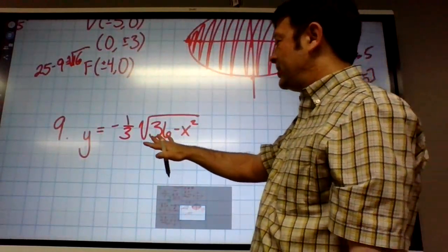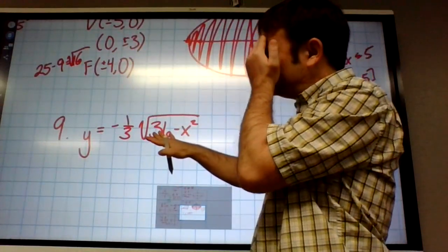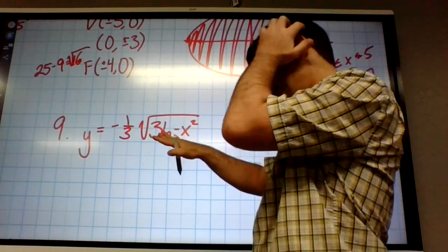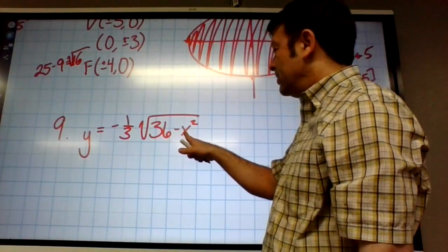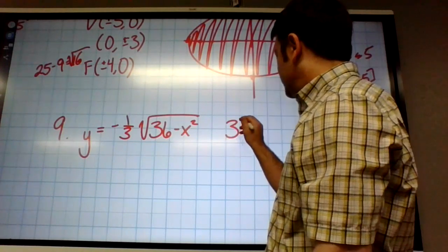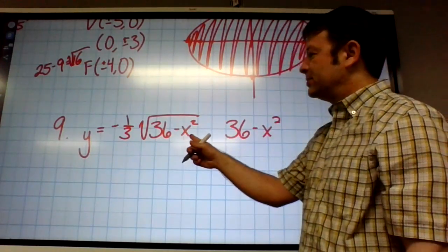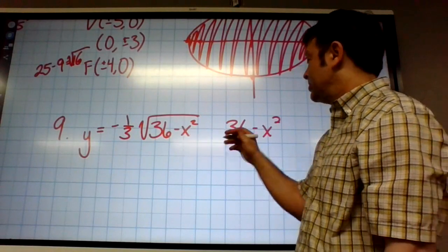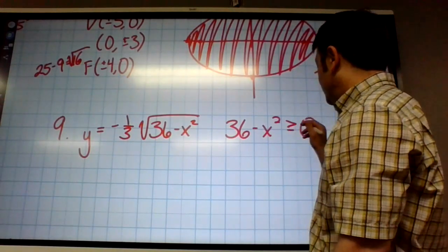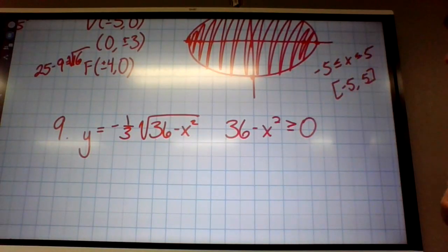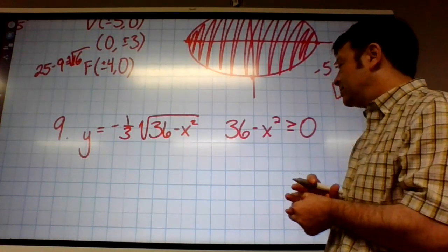We can get the domain without graphing this, because anything under the square root has to be greater than or equal to 0 for it to exist. Anything under the square root cannot be negative because that's an imaginary number.